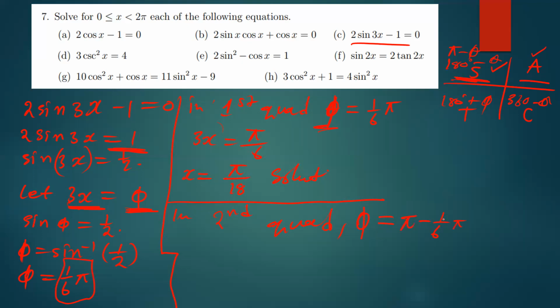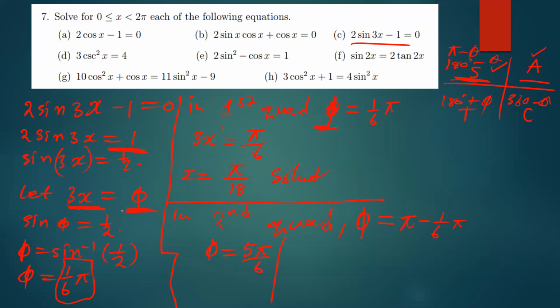When you do the mathematics here and simplify, you get the value of phi as 5 pi over 6.